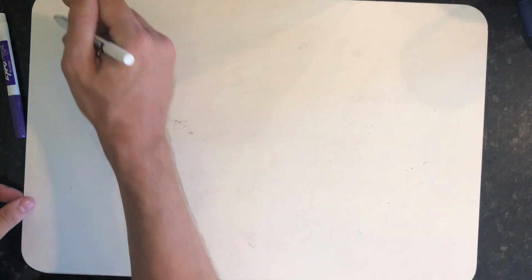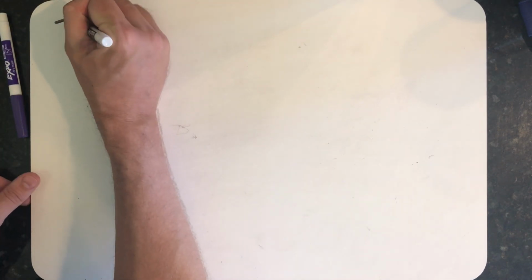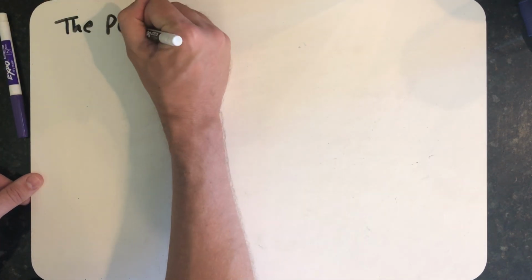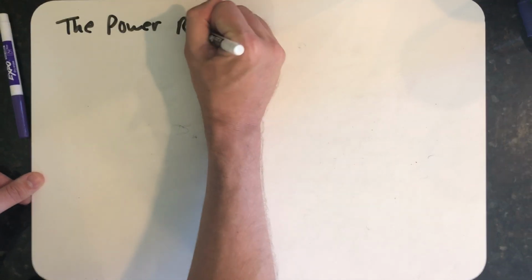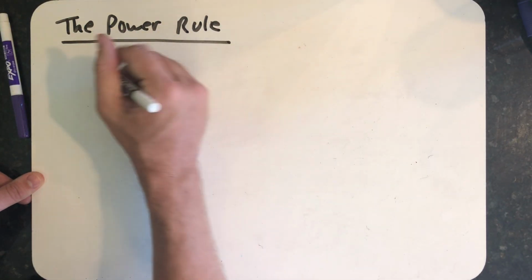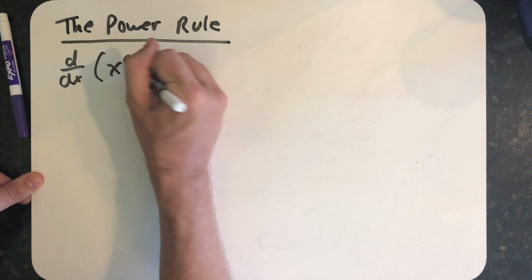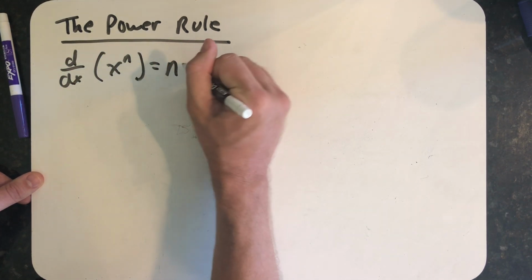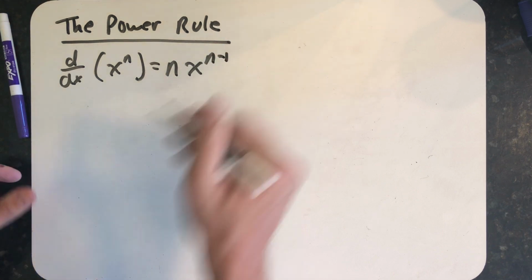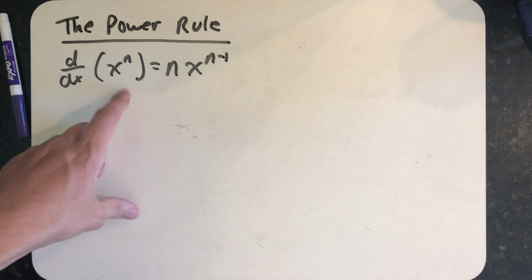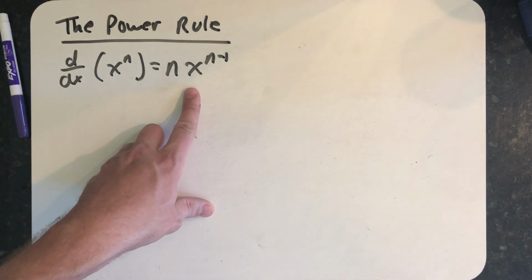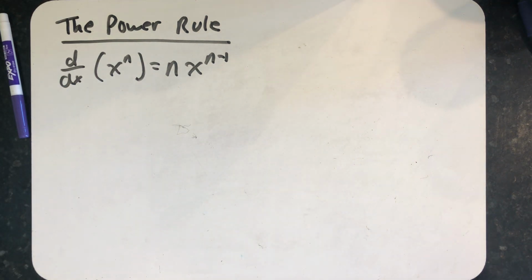And I'm going to then talk about why that's true in general by using Pascal's triangle. All right, the derivative of x raised to the n power is n x to the n minus 1.